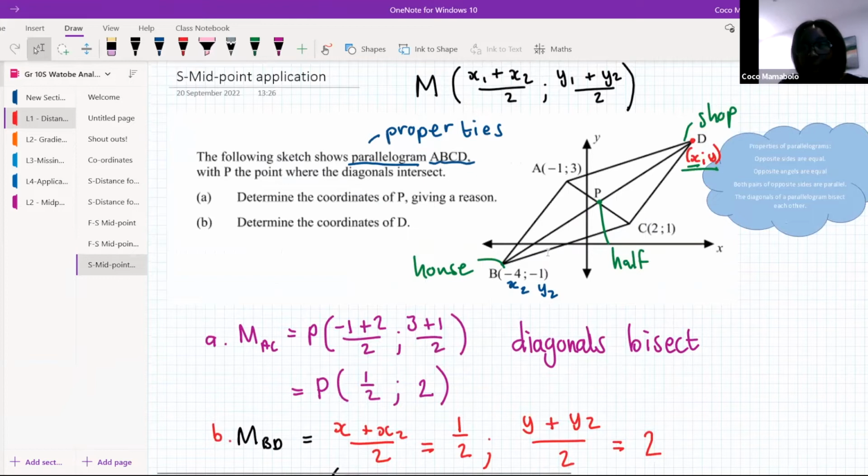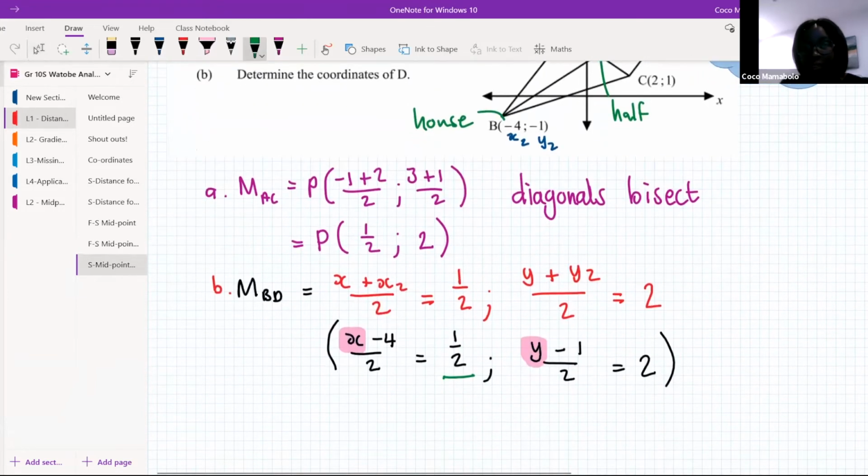My Y plus -1 will give me Y minus 1 divided by 2 will give me my midpoint. And now all we have to do is solve for the shop, for X and for Y. Do you see how I'm doing that, guys? I hope it makes a little bit more sense. And that's how we get to solve for X and Y.